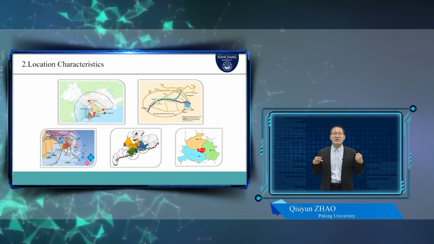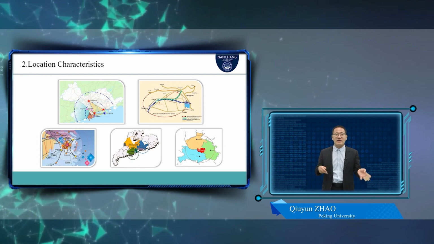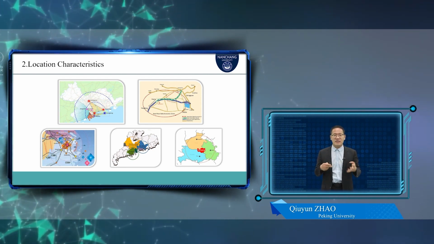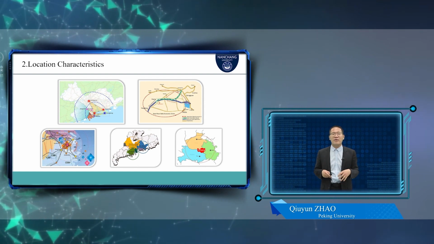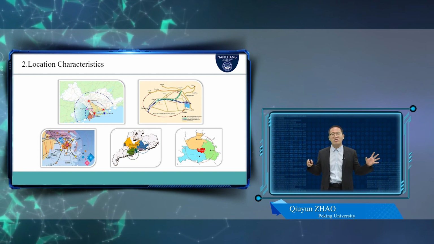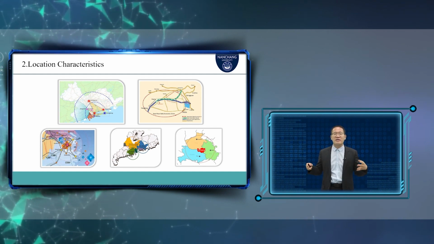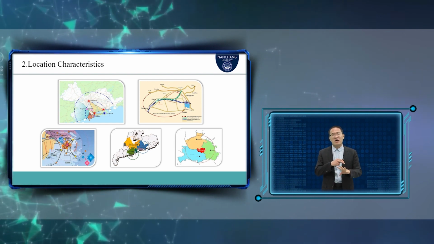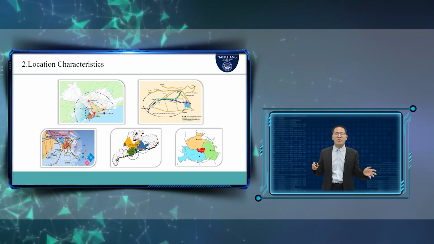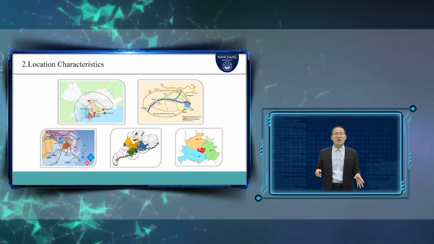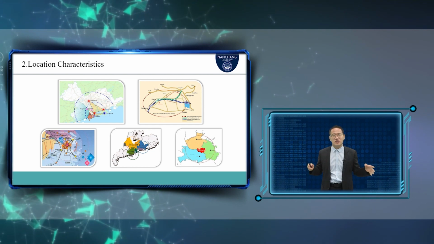Another example is some border counties, whose location characteristic is, of course, a unique port of entry position. In addition to this, coastal position is also very important, which can influence a county's development strategy of opening to the outside world. Locations around significant transportation routes and hubs are also important location features.